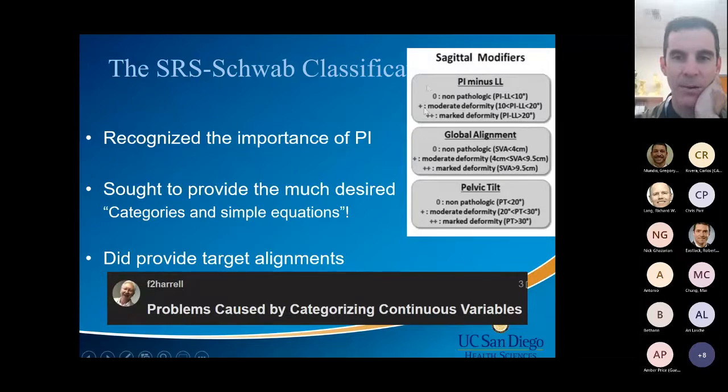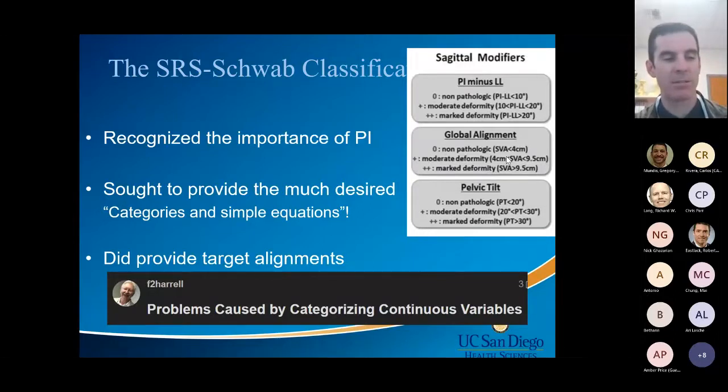But these are categories. And this assumes that the pelvic incidence lumbar lordosis relationship is static across pelvic incidence values, which is, as we now know, not correct. They also then classify global alignment using SVA. SVA is a terrible marker of standing sagittal plane alignment.